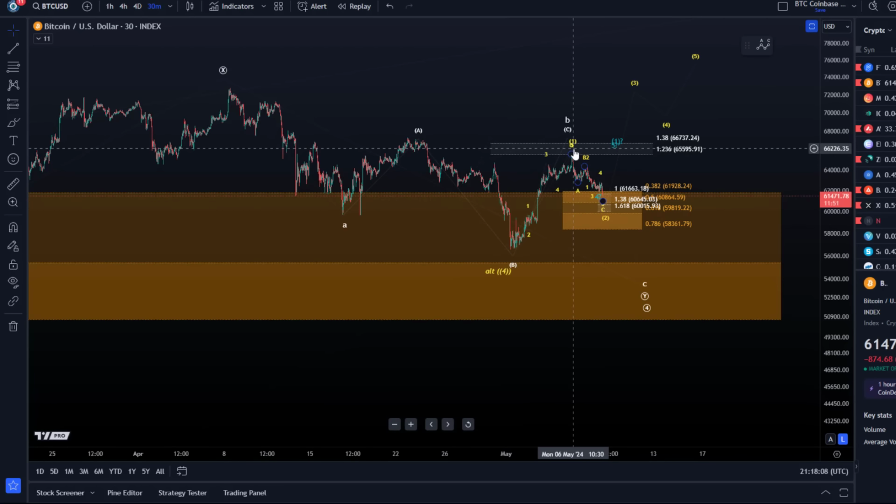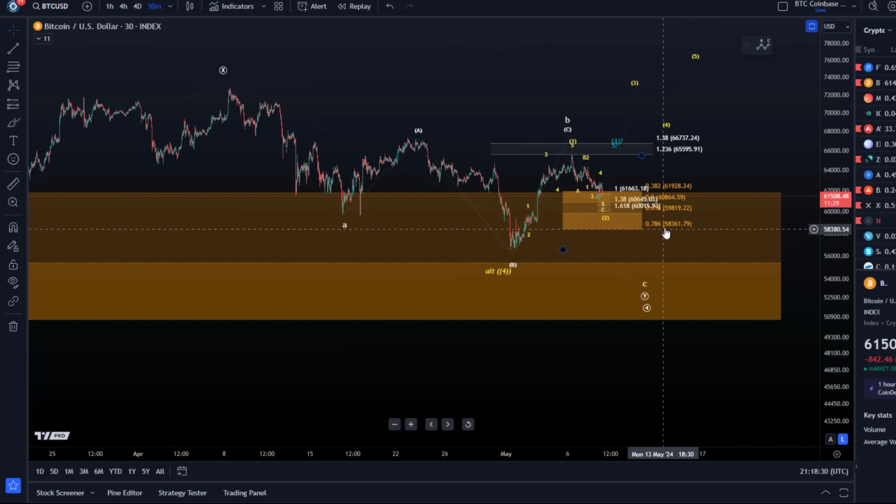We've seen the 5-wave move up, but that's not going to be enough. We also need the 3-wave corrective pullback. This is what we are checking now. The price needs to stabilize in this micro support region, and then from here we want to see a 3rd wave rally to the upside in the yellow count.